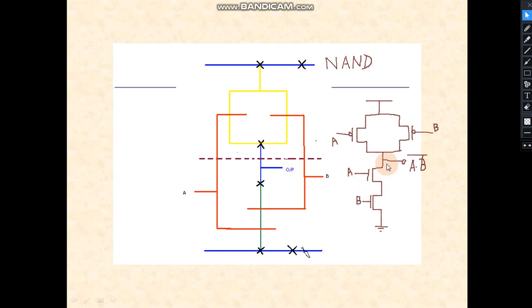These two NMOS can be implemented with the help of a green line and red lines. So there are one and two MOSFETs. Green line for N-type diffusion, because we are using NMOS. This red line for one MOSFET, that is A. Second is for B.